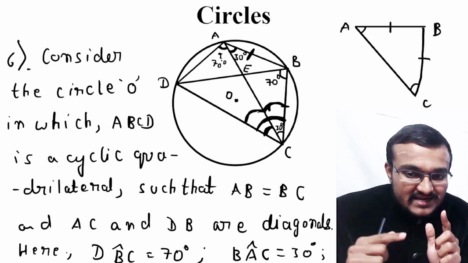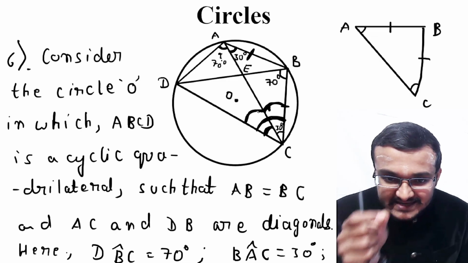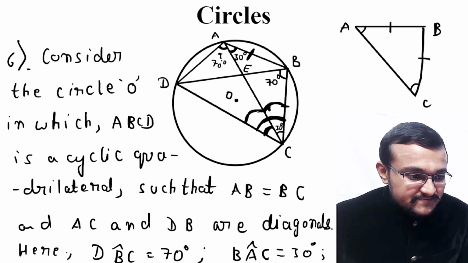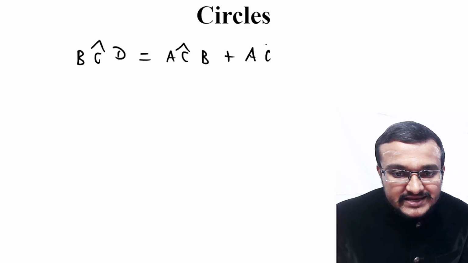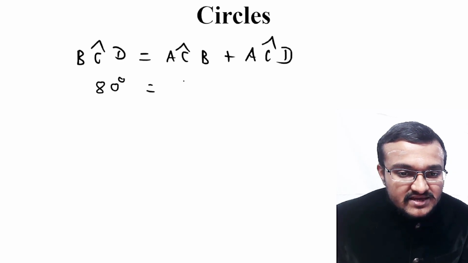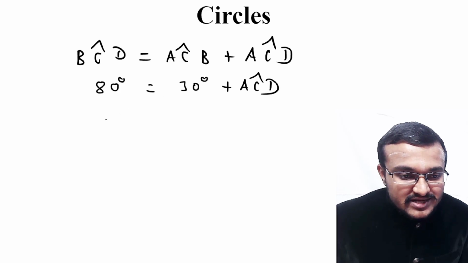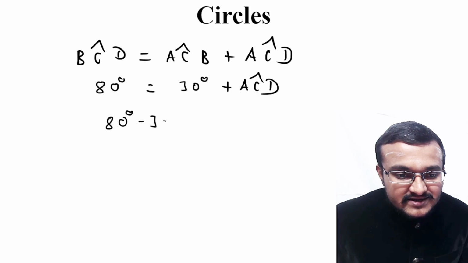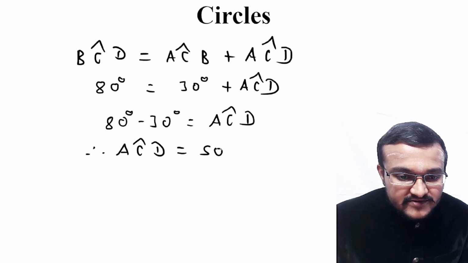One more time I'll write: BCD is equal to ACB plus ACD. Here BCD we know is equal to 80 degrees and ACB is 30 degrees plus ACD. If you bring 30 degrees to the LHS, it will become 80 degrees minus 30 degrees, which is equal to ACD. So therefore ACD is equal to 50 degrees.